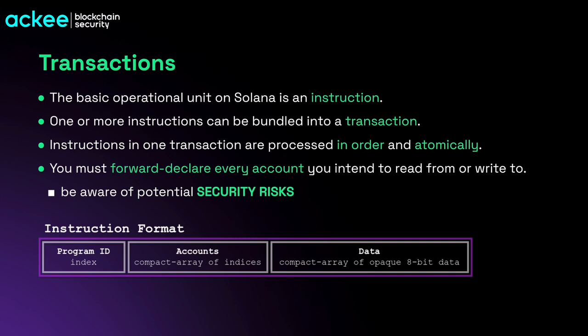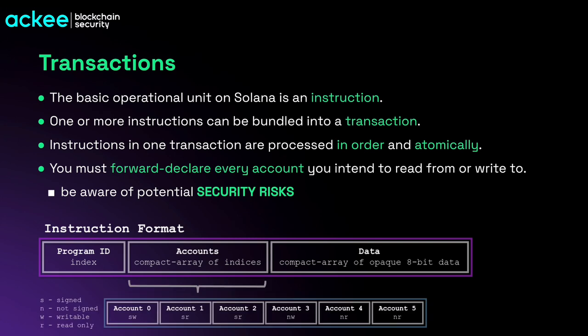When we are defining these transactions, we must forward declare every account we intend to read from or write to. We also need to be aware of any potential security risks because obviously all of these transactions can be constructed by any user of Solana. So if we look at our instruction format, we have some program ID, we have all of the accounts we need to supply, and then some form of 8-bit data that we supply to the program.